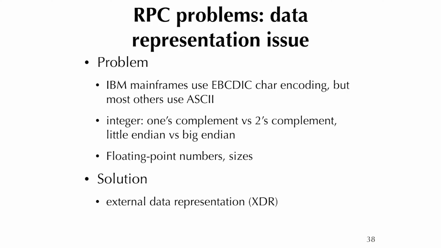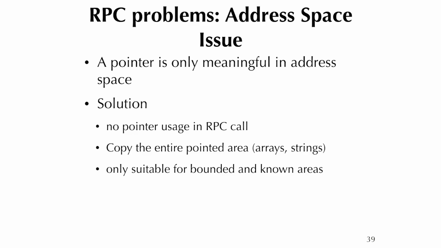So I can try to pass an integer, but you might interpret it the opposite way. So for network purposes, for marshalling and demarshalling, everything nowadays gets converted to big endian convention, and if the machine is little endian, it gets converted back. That's just because there are companies that do both big endian and little endian. Floating point may have different sizes too, right? So there are these representations you have to convert to and from. And also a pointer is only meaningful in its own address space. So what can you do?